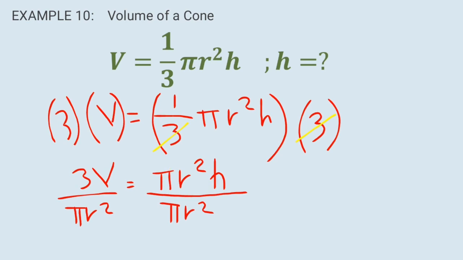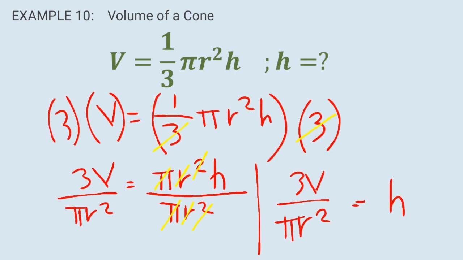We can cancel this out, right? Pi r squared. And we are left with h, which is the height, equals 3v over pi r squared. So this is the formula for our height.